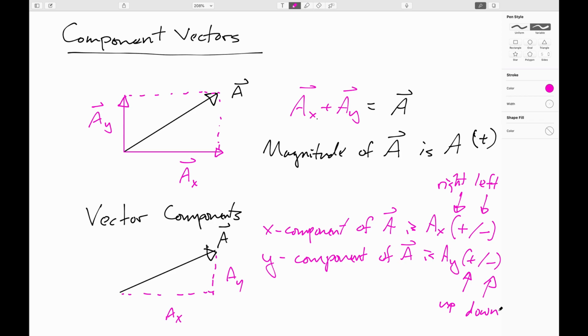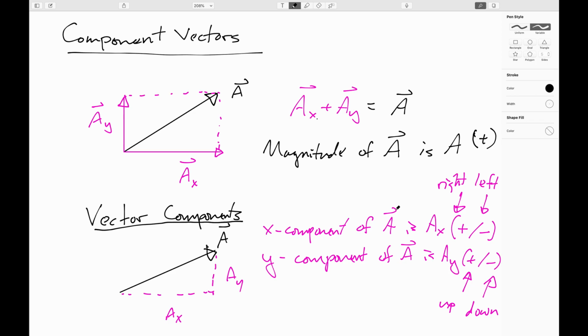So our vector component A sub x is the magnitude of the corresponding component vector, except that we allow for the possibility that it could be positive or negative. Again, positive would mean that our vector A points right-ish, and negative means that our vector A points left-ish, and so forth. We're going to usually be more concerned about our vector components than the component vectors, but occasionally the component vectors might show up. But mostly the vector components are what we're going to care about.